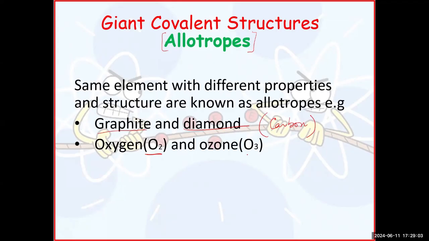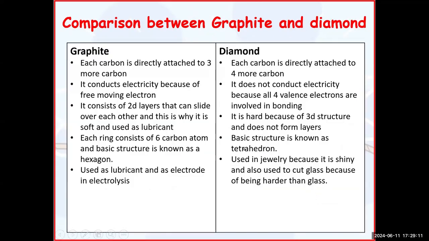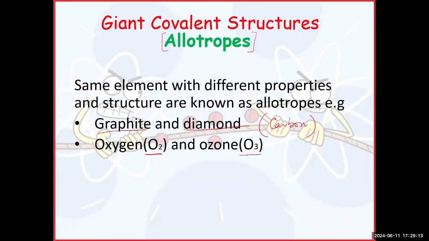And ozone is a gas in the upper atmosphere. If it is in the lower atmosphere, it is bad for us because it causes smog. You might have learned this in geography and will learn it later in chemistry. These are two gases, oxygen and ozone.